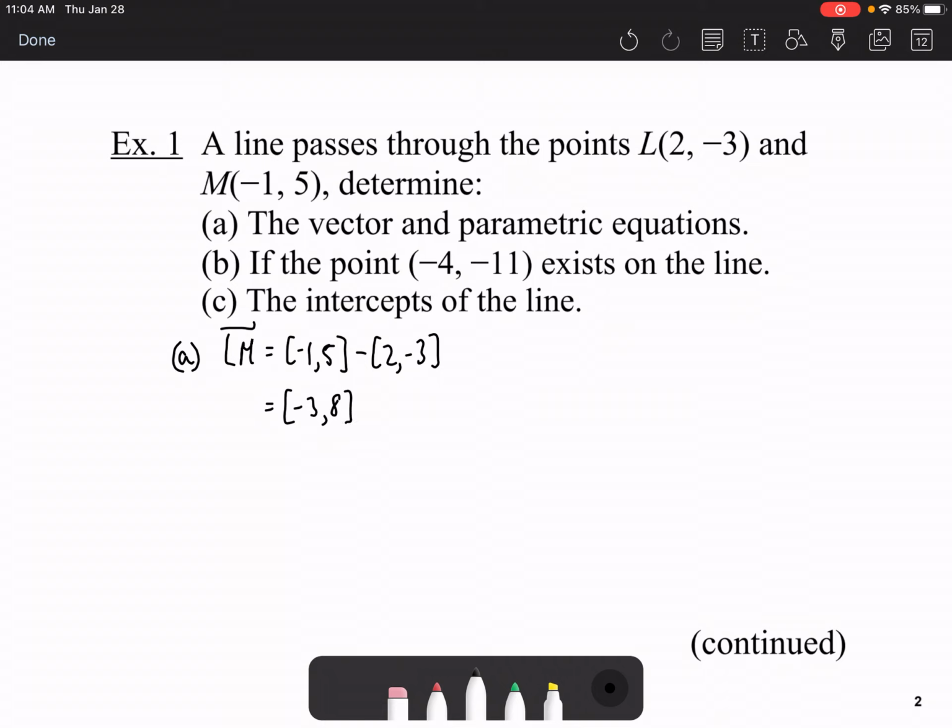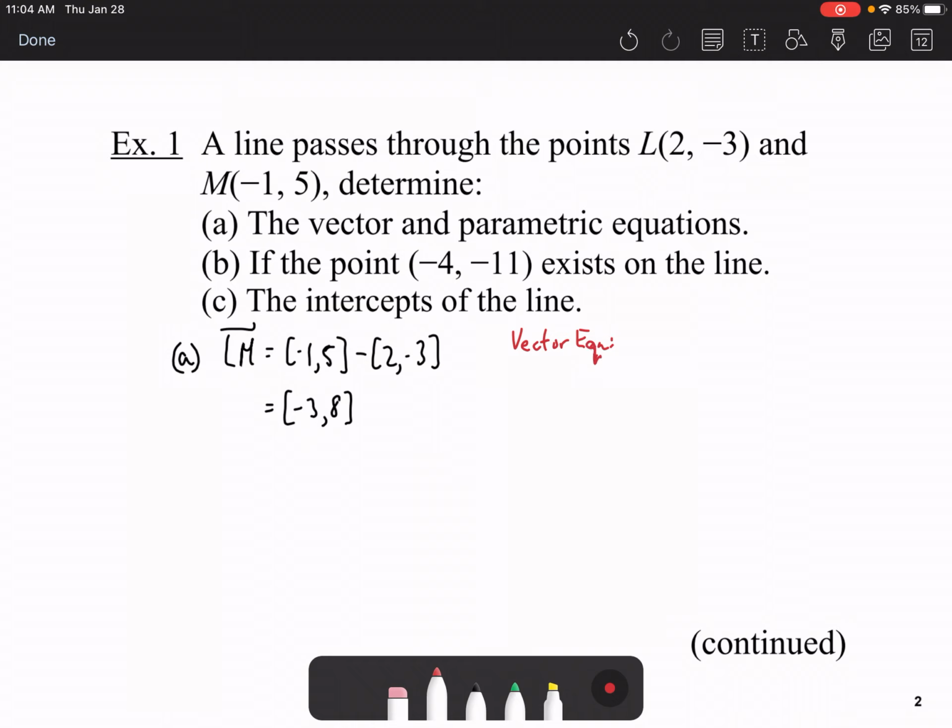Now, if you did ML, just realize that you'll get the values 3 and -8. Not much different, it's just the opposite direction. So what you can do is come up with one possible vector equation. And there can actually be multiple vector equations. I'm going to use a short form for equation right here, EQN.